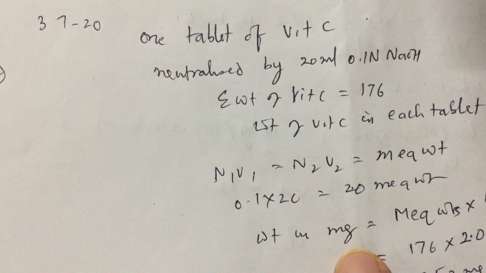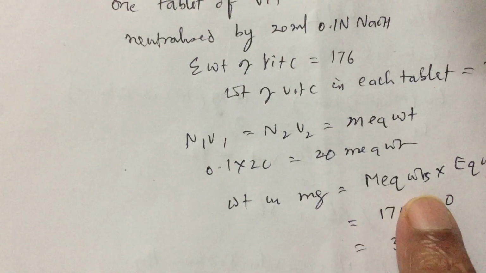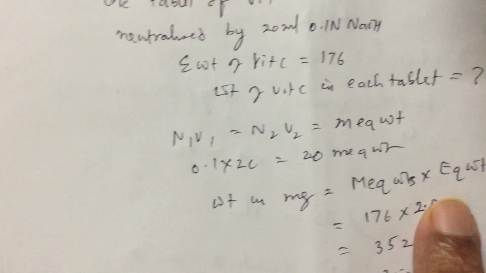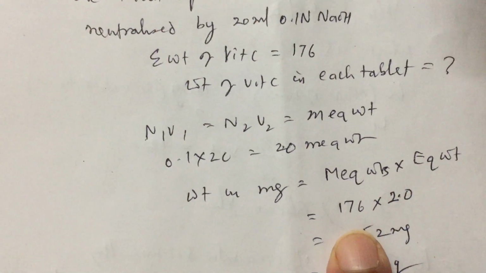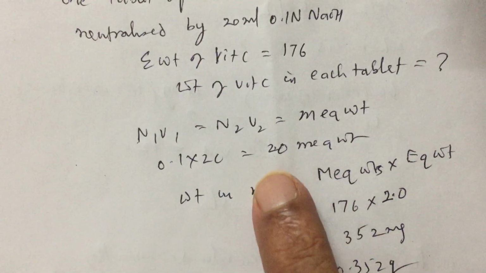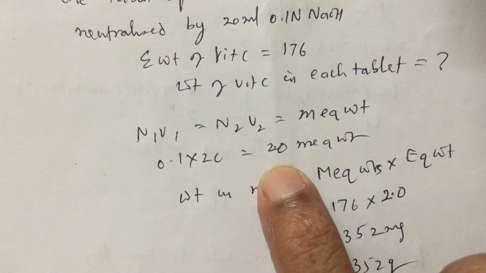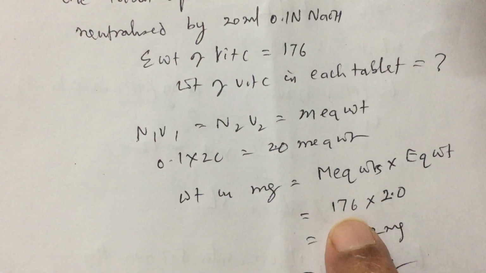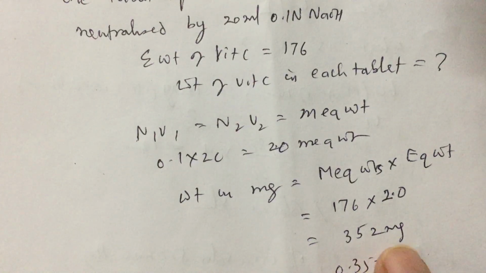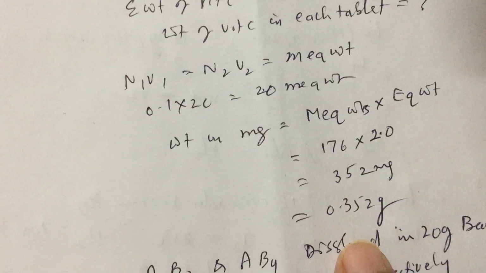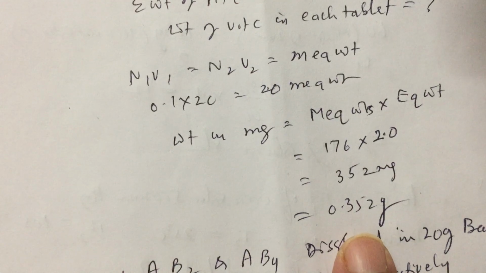So weight in milligrams is always equal to number of milli equivalents into equivalent weight of any material. Therefore 176 into, here it is 0.1 into 20, that is equal to 2.0 milli equivalents. 2.0 into 176, 352 milligrams. It means it is 0.352 grams.